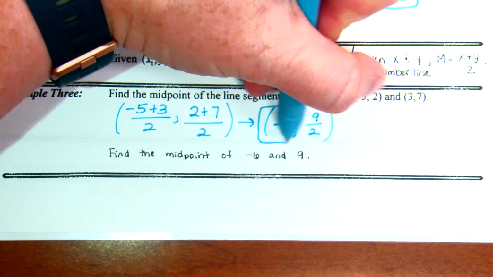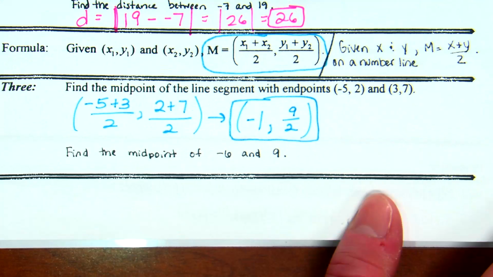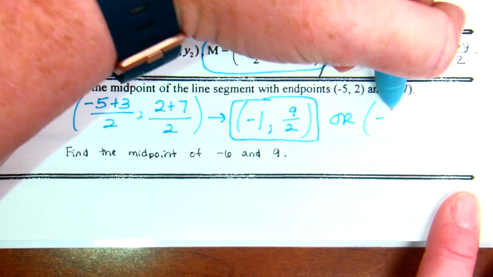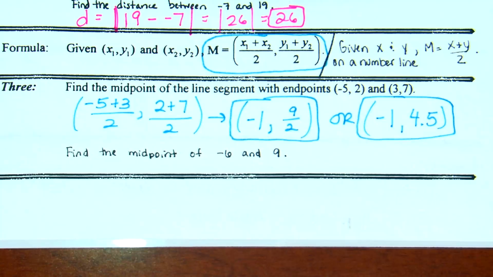I would be perfectly fine with the ordered pair negative 1, comma 9 halves. What's the other way that some of you wrote this? Yeah. I would also be perfectly fine with negative 1, comma 4.5. We don't do a whole lot with mixed numbers, so you probably wouldn't see a 4.5, but improper or decimal, either or.